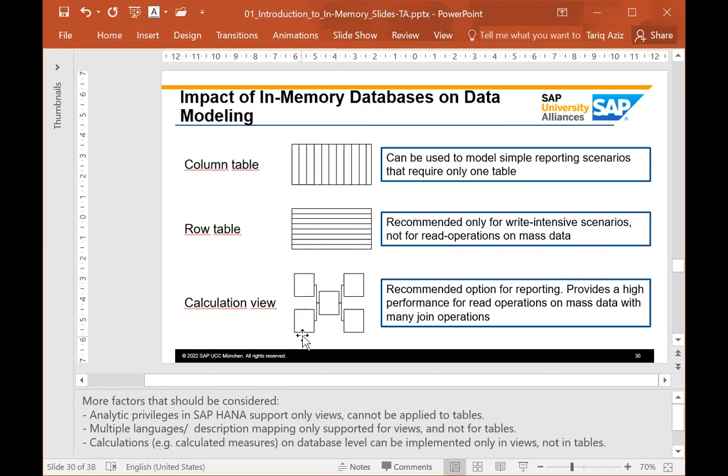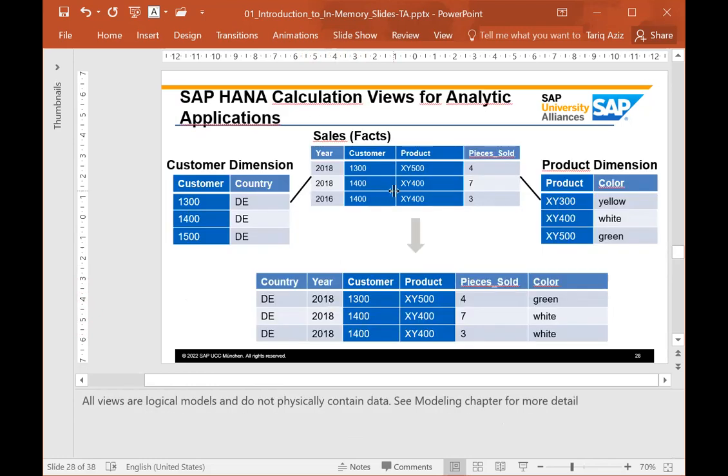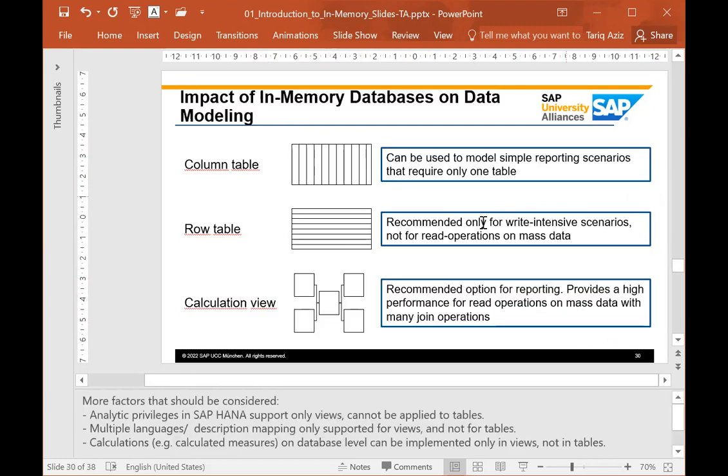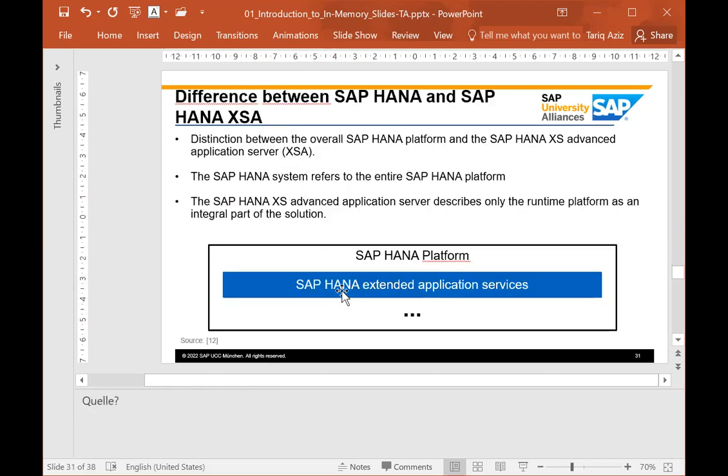These four boxes are the dimensions, and the middle one is the fact table, like we have just seen. The fact table is in the middle, and the right side, left side and top are the dimension tables. So the corners are the dimension tables, and this is the fact table. This means that we are working on the calculation view. This is the sign for the calculation view.